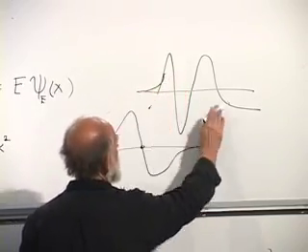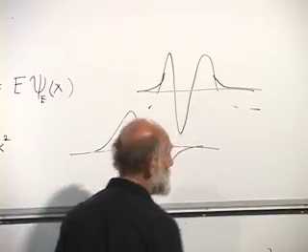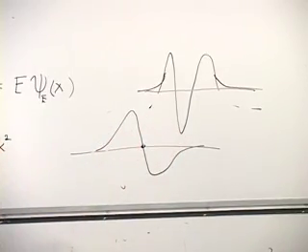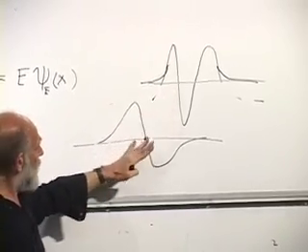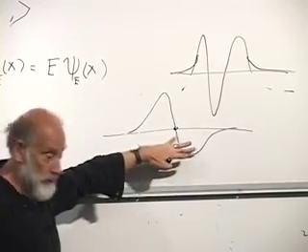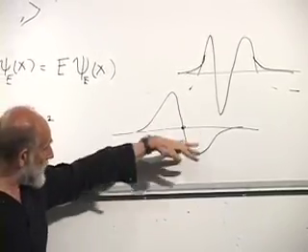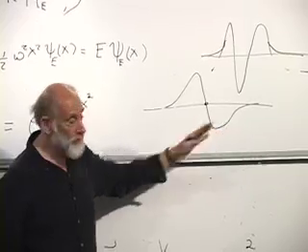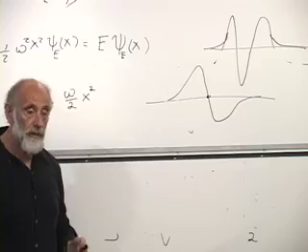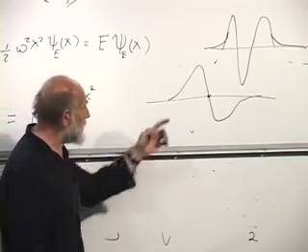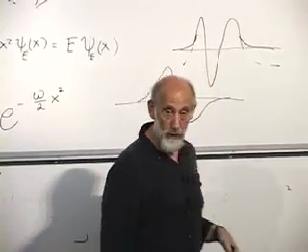Each time you raise, you add one more 0. This first one is an antisymmetric wave function, meaning the opposite sign on the two sides. You go back and forth from symmetric to antisymmetric to symmetric to antisymmetric, and you add one more 0.